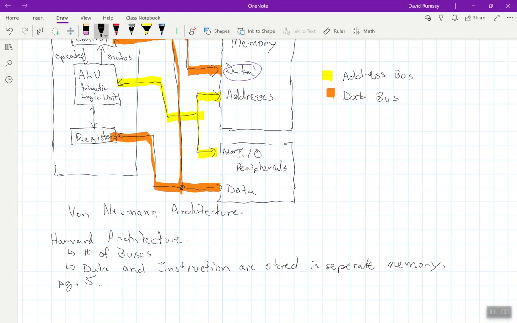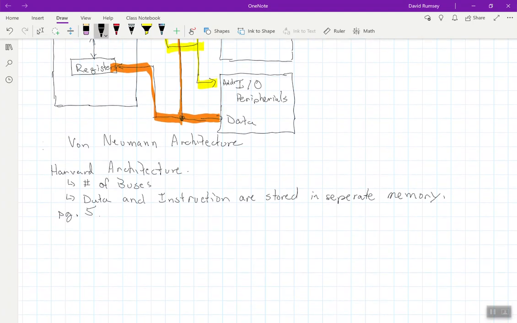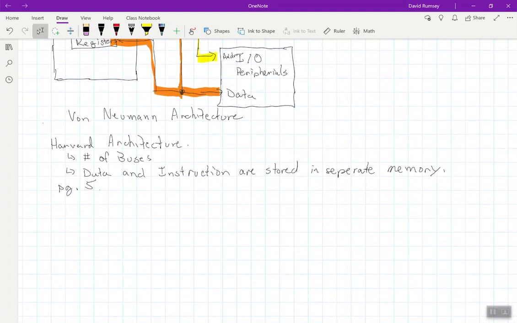All right. So let's talk a little bit about registers.